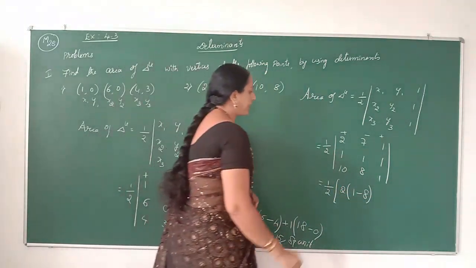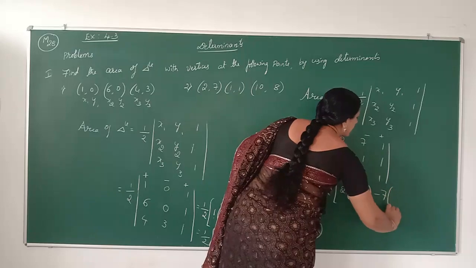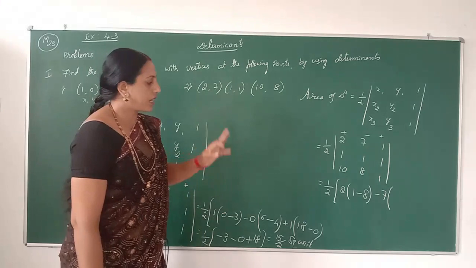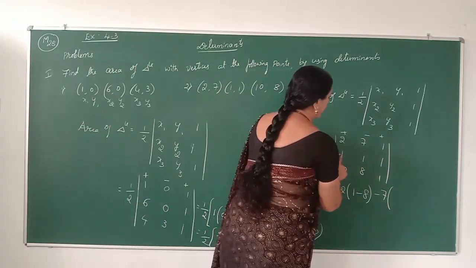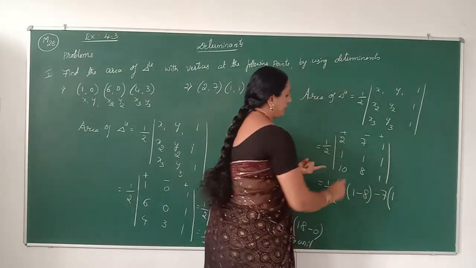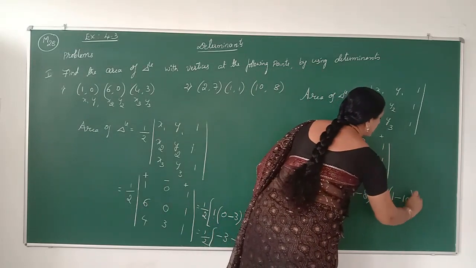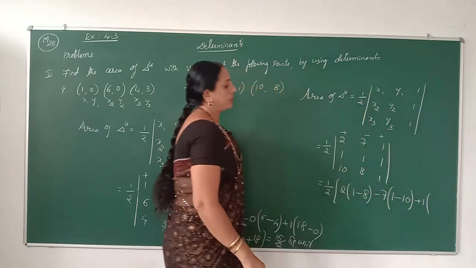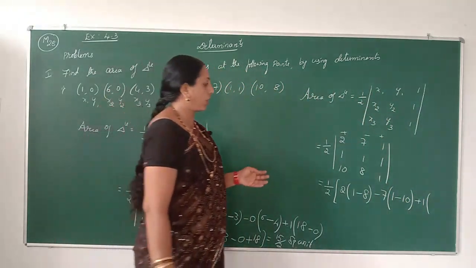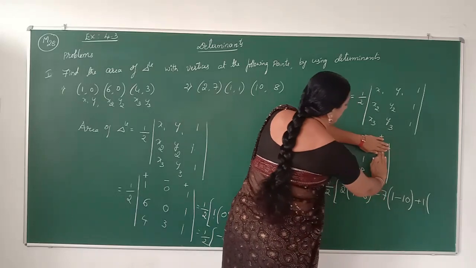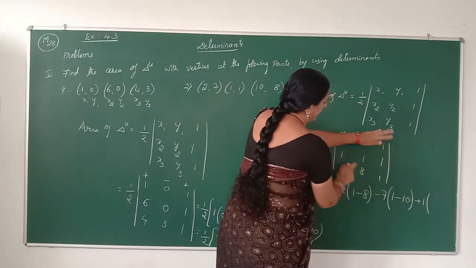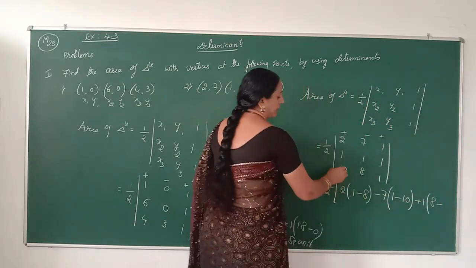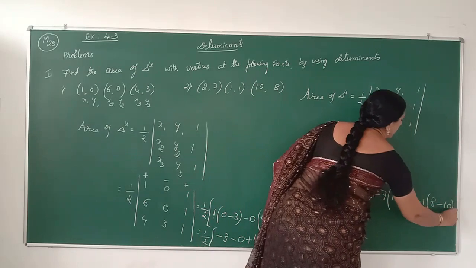Similarly, the second element is minus 7. 7 is an element of the first row, second column; these are neglected and the remaining are cross multiplied: 1 into 1 is 1, minus 1 into 10 is 10. Plus the last one is 1, an element of the first row, third column. These are neglected and the remaining are cross multiplied: 1 into 8 is 8, minus 1 into 10 is 10.